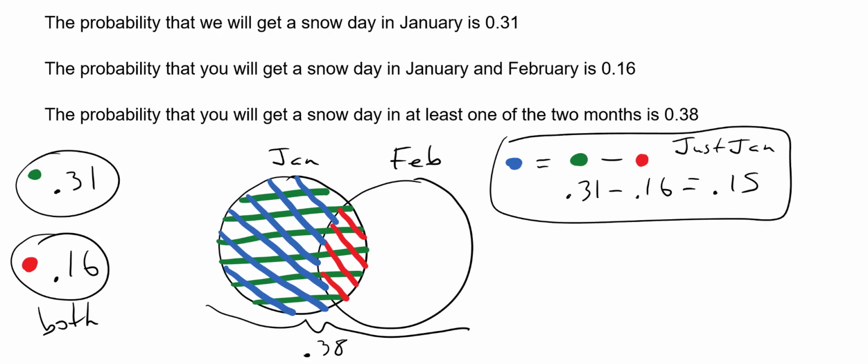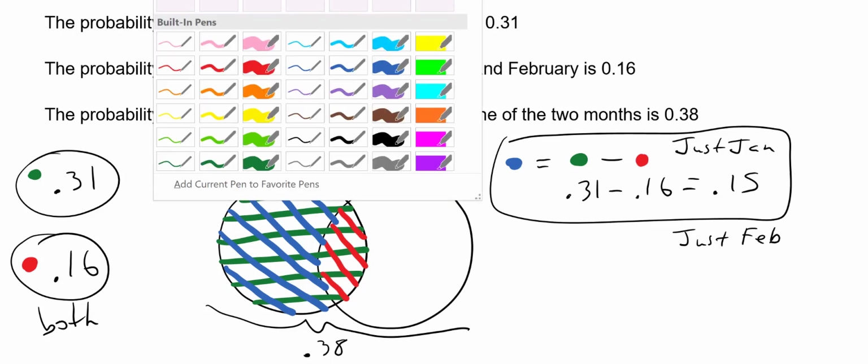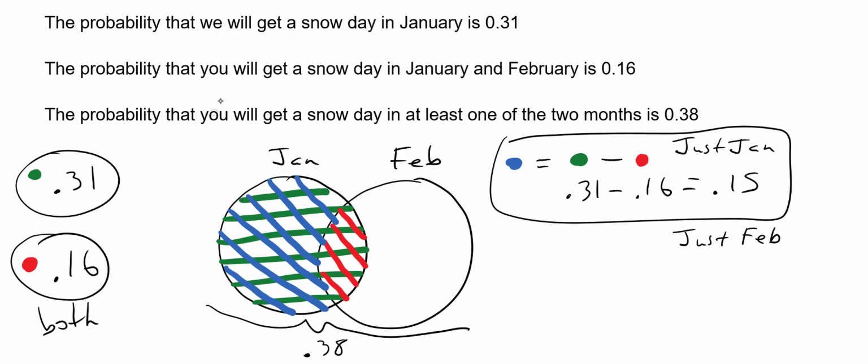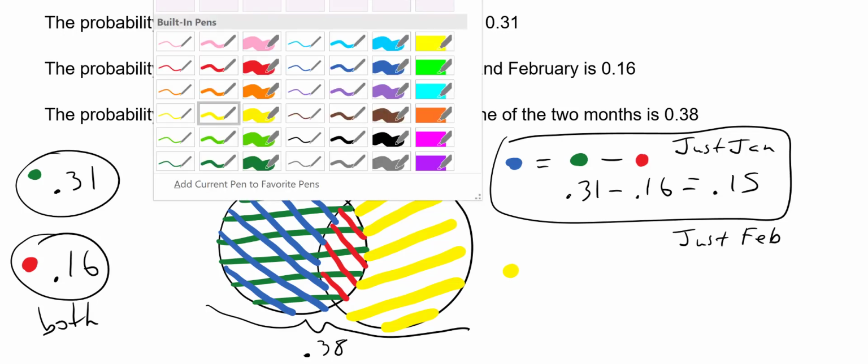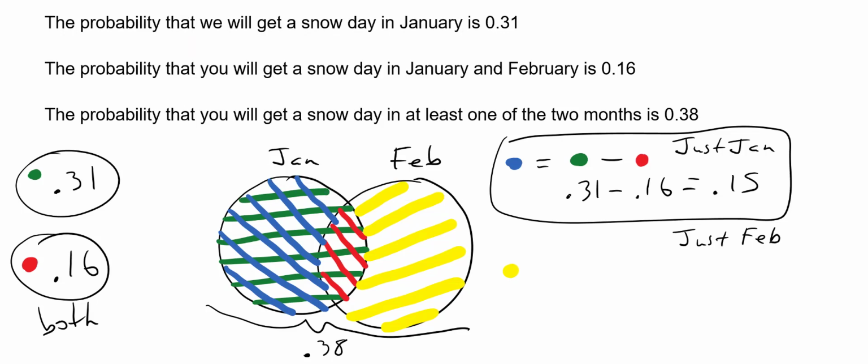Okay, cool. Let's do just February. Okay, and again, that's pretty easy. Here we'll make this yellow, I like the yellow, it's really nice. Oh, that's super thick. And that's just February. That's going to be basically 0.38.